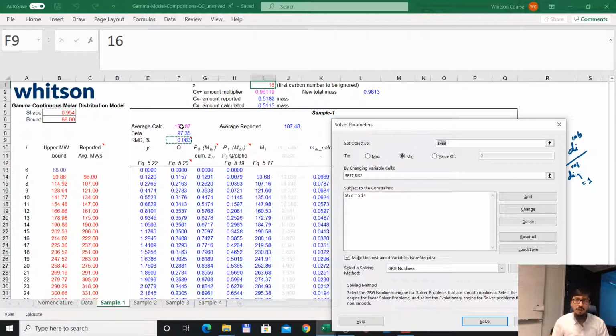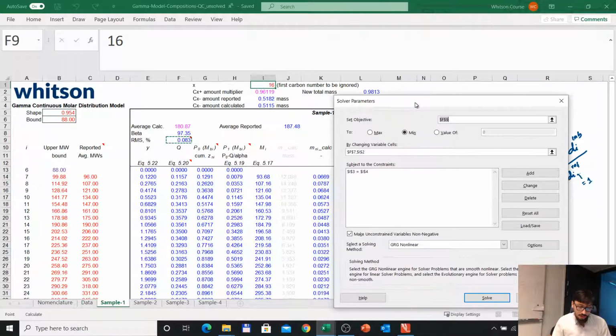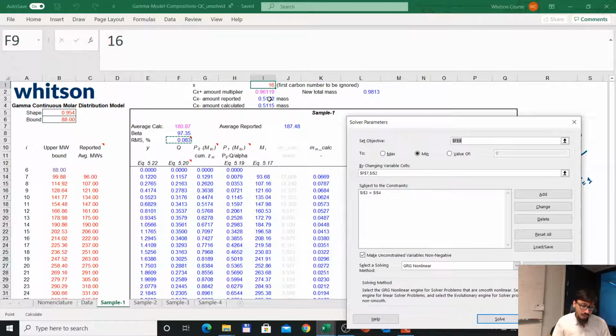That's one parameter in the gamma distribution model that will be different from one sample to another, so that's something we should be regressing on while matching the gamma model. And the other is this amount multiplier that we want to calculate. And then the constraint is that I3 equals I4. That's an important part here that requires some attention.